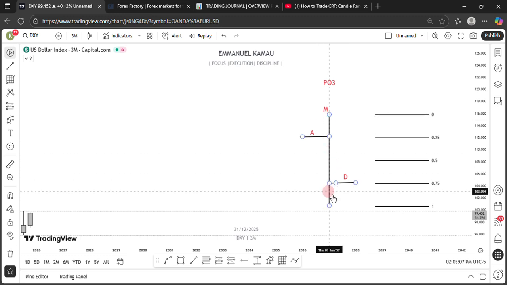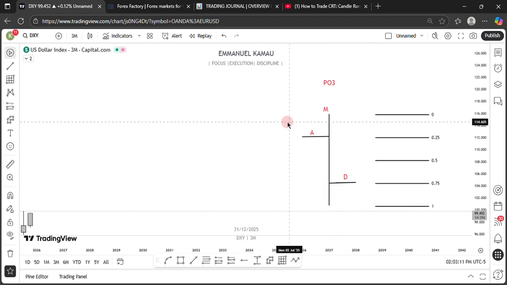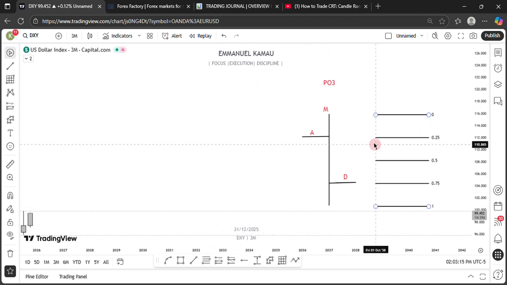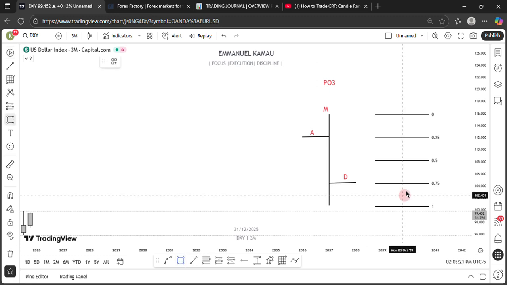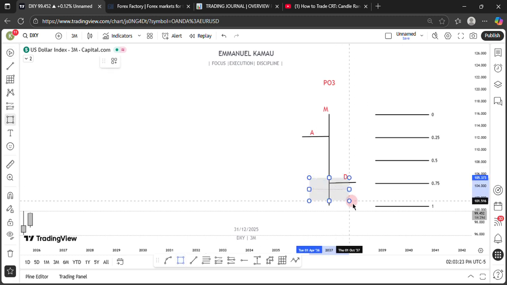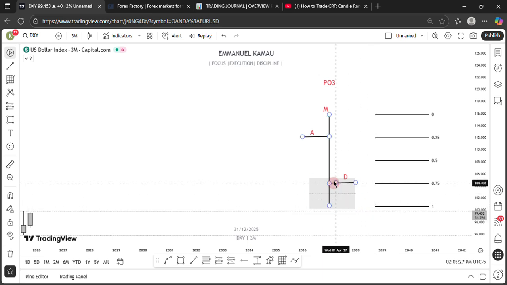The reason why I'm showing you this is because this is what has helped me form my bias today, or my weak bias today. So I will be concentrating on this lower part. In any candle or in any range, we expect price to retrace and then close that candle.